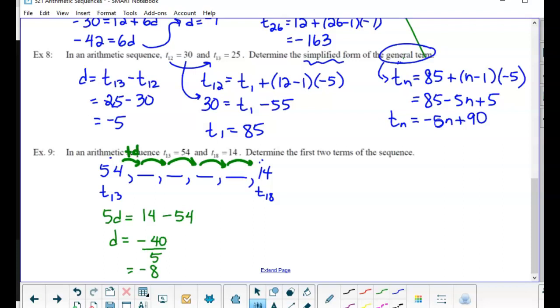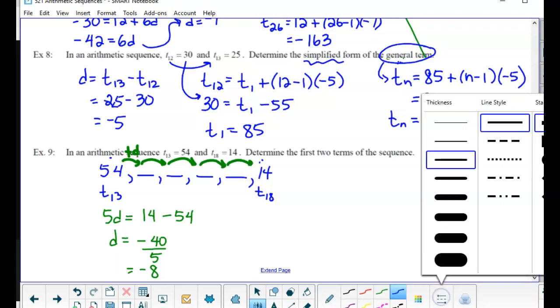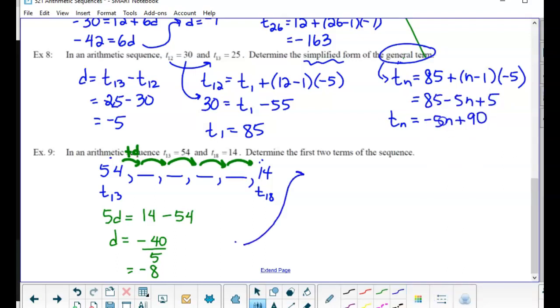Again, I'm not asked for any of those missing terms. What I'm asked for is the first 2 terms. So now I want to figure out what T1 is. You can use either of those terms and go, okay, T13 is T1 plus 13 minus 1 times negative 8. I know the value of T13 is 54.